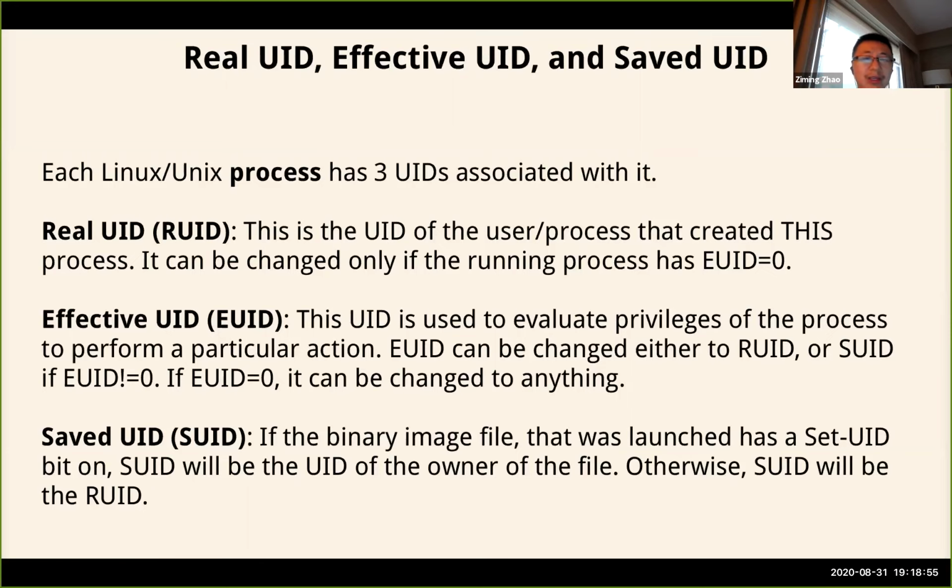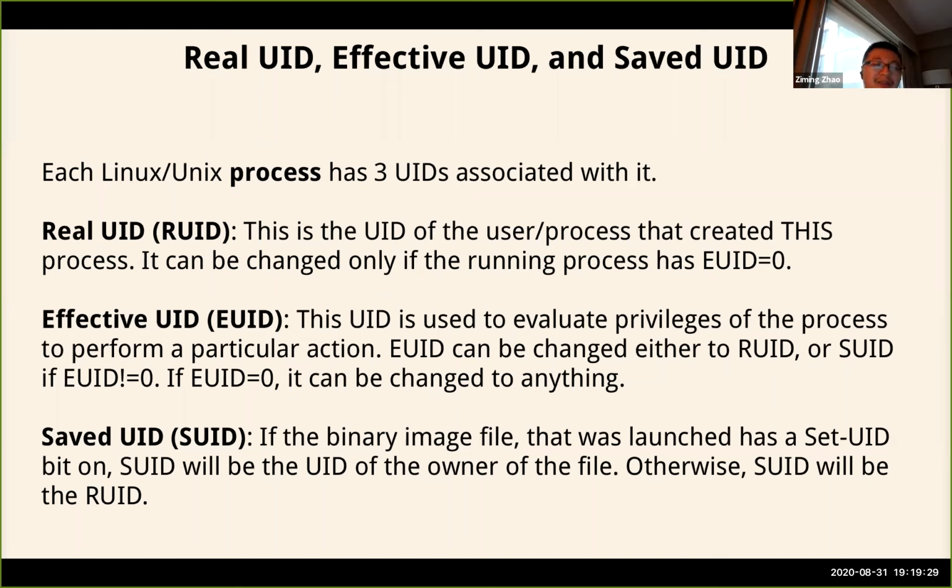The real UID is the UID of the user that created this process. For example, when you run a program like ls, the real UID of the process is your account's UID. It has nothing to do with who the owner of the program is.